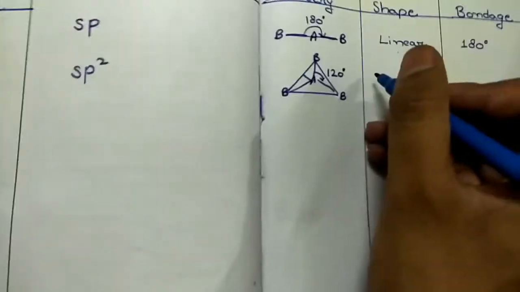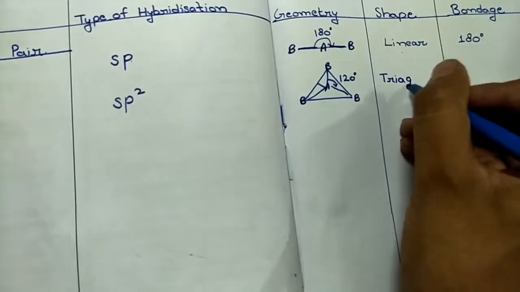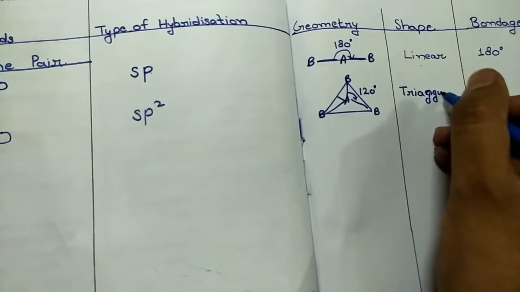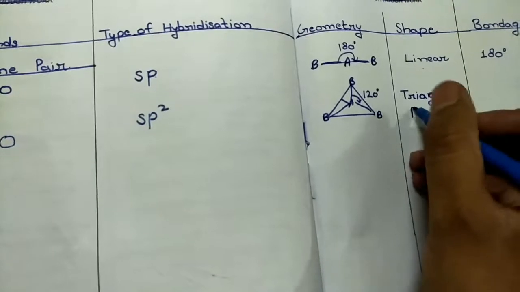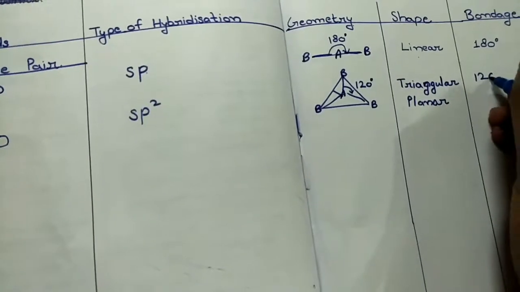We call it triangular planar. The bond angle, as I've already told you, is 120 degrees.